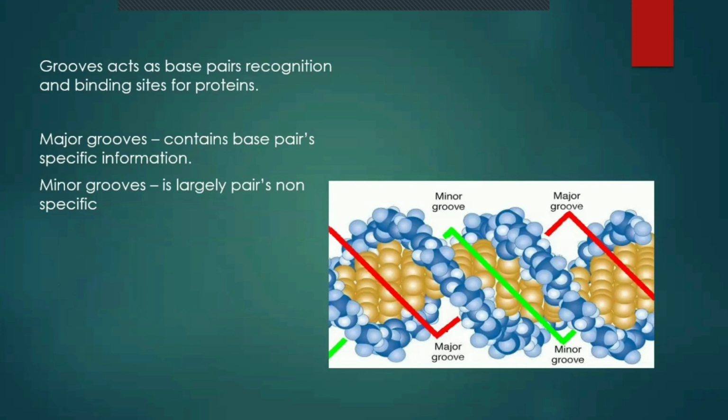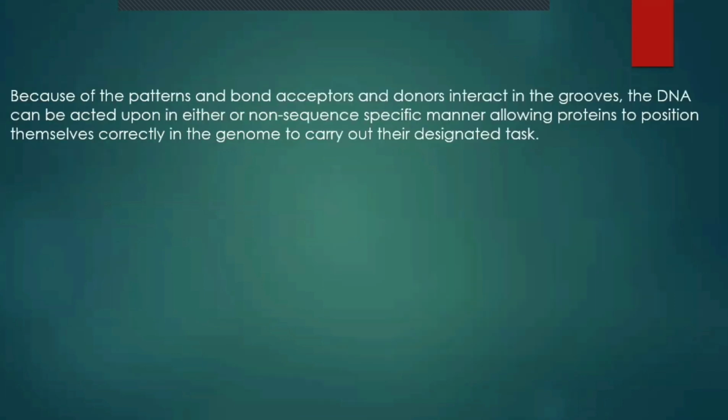Minor grooves are largely non-specific. Because of the patterns in which bond acceptors and donors interact in the grooves, the DNA can be acted upon in either a sequence-specific or non-sequence-specific manner, allowing proteins to position themselves correctly in the genome to carry out their designated tasks.